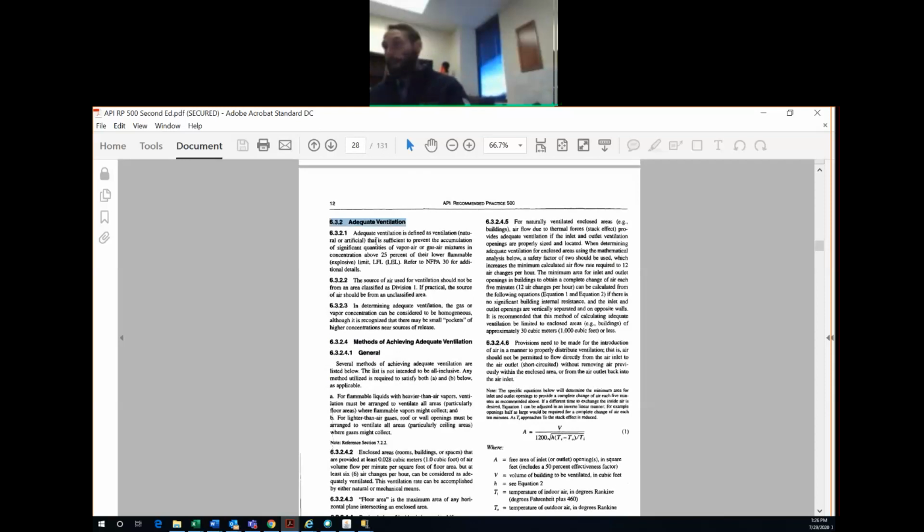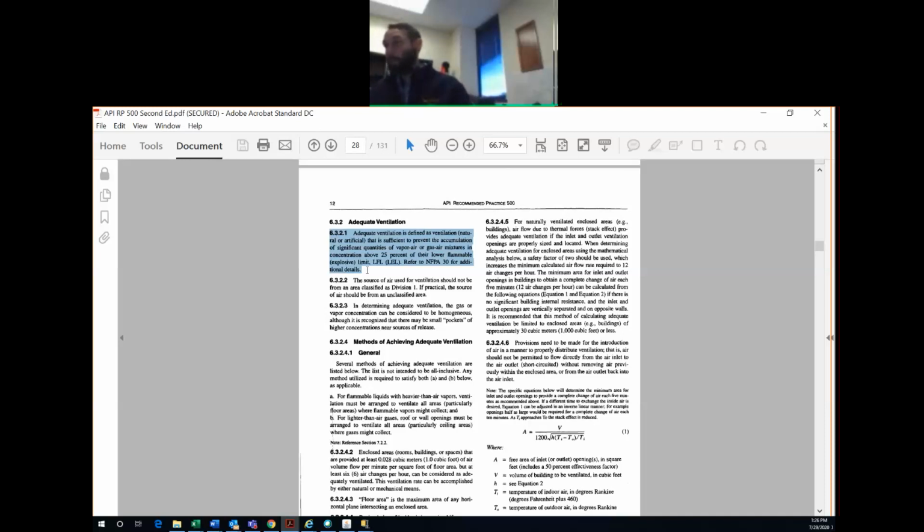And the thing I want to highlight is that adequate ventilation is easy to understand if you understand this one rule, and that is that if you have adequate ventilation, you can never have a concentration of gas over 25% LEL. Okay, so they had to put the threshold somewhere, and they put it at 25% LEL.